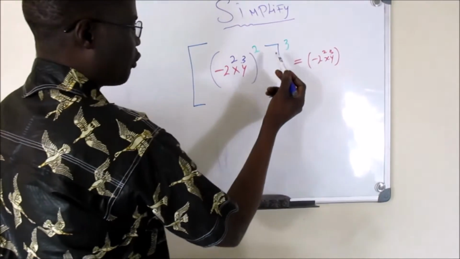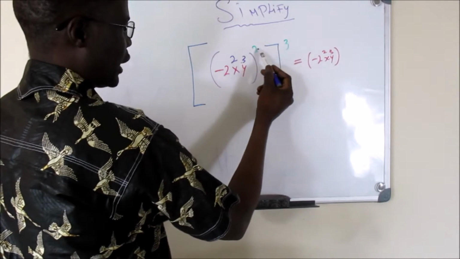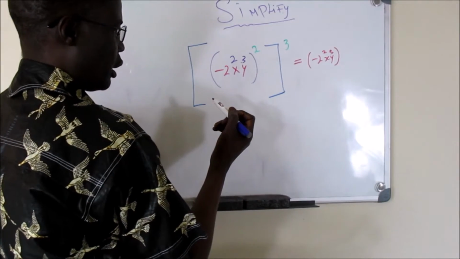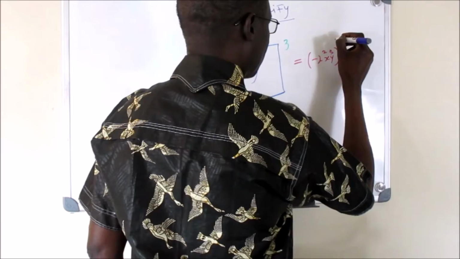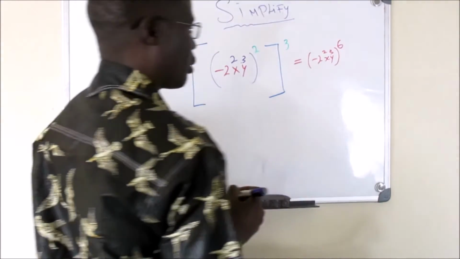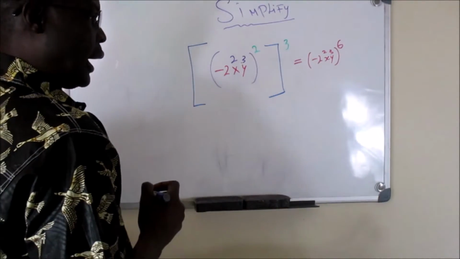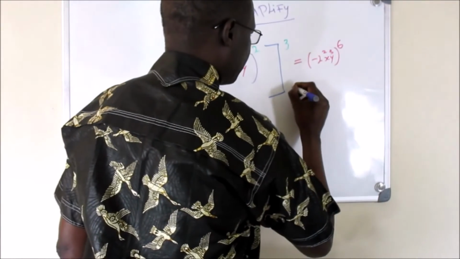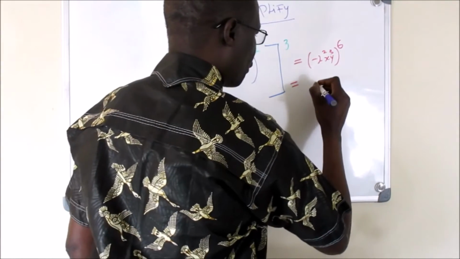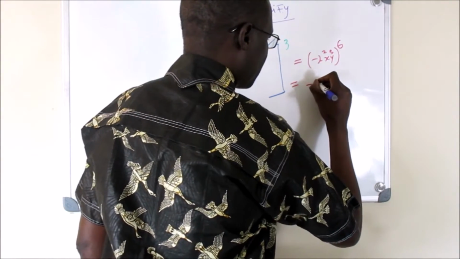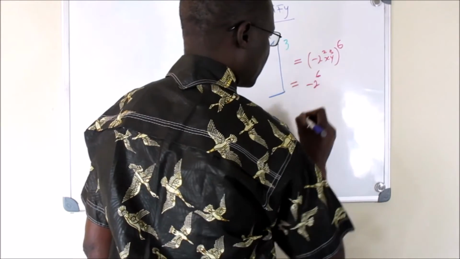And what we're going to do first here is 3 times 2, we're going to get 6. And here is going to be -2 to the power 6.